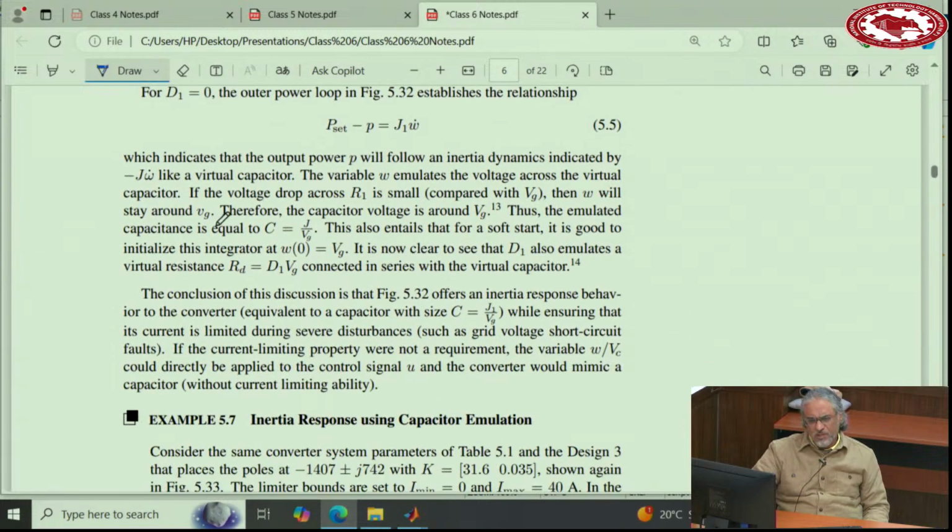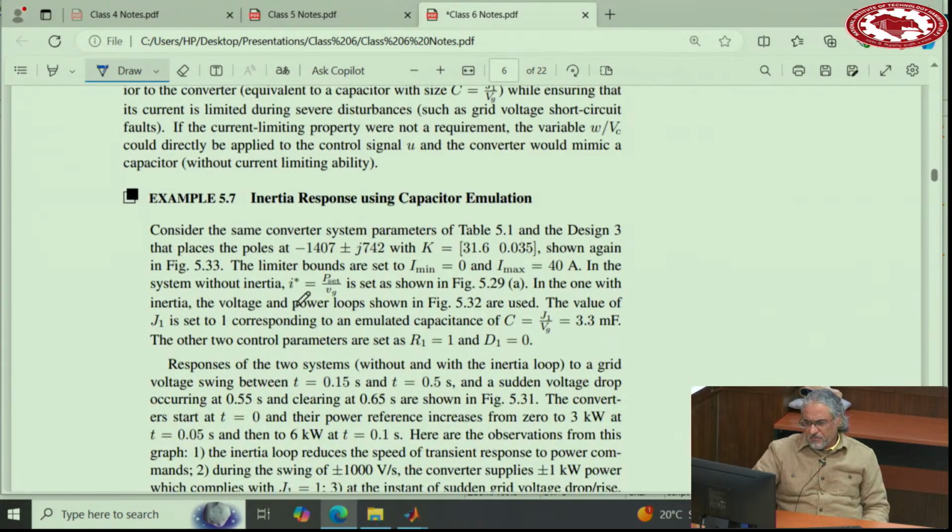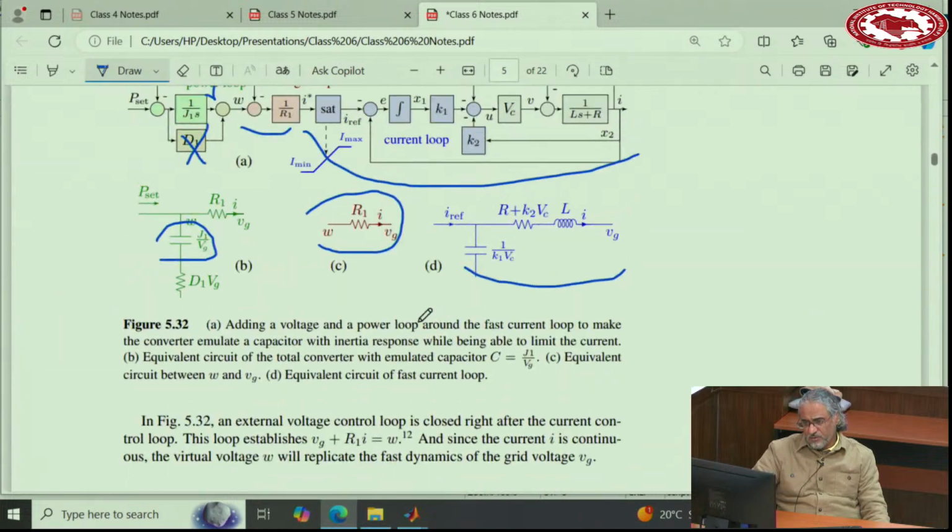So here are the equations that really describe what I just said. Let's see if this works. So I'm not going to change the current control loop, the same numbers that we designed for the faster controller. And that capacitor, I choose it 3.3 millifarad, the large capacitor here, J1 over Vg, and I have Vg, so I can find J1.